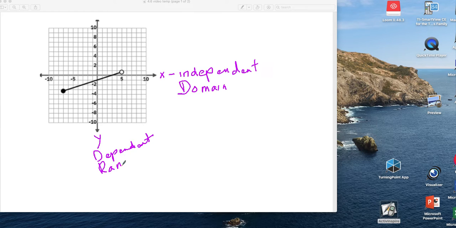So we're going to find the first and the last value for the domain, and we're going to find the first and last value for the range, and that's going to lead us right into what we're going to do for this lesson. It'll all make sense why we're doing this in a minute.